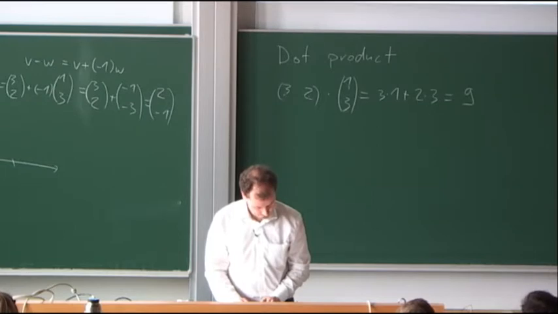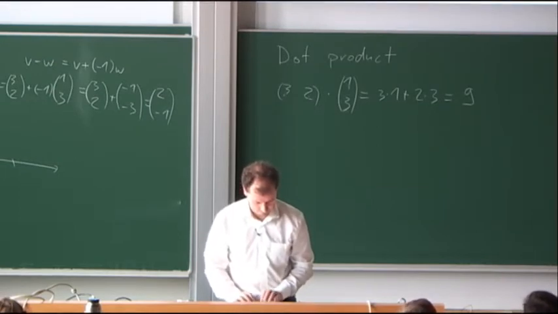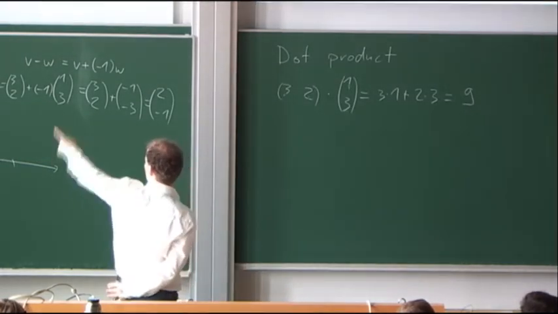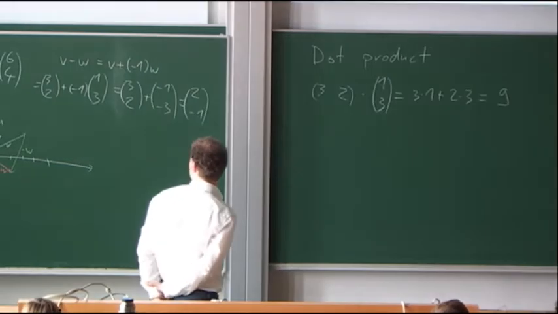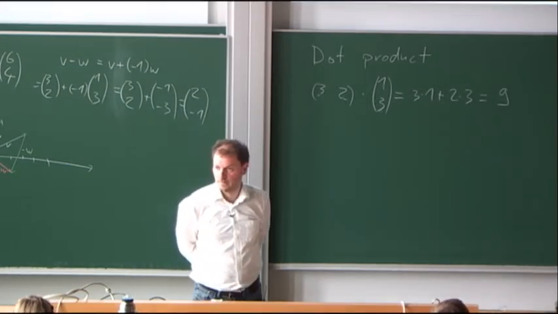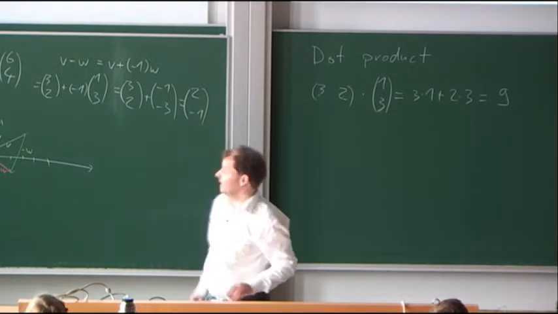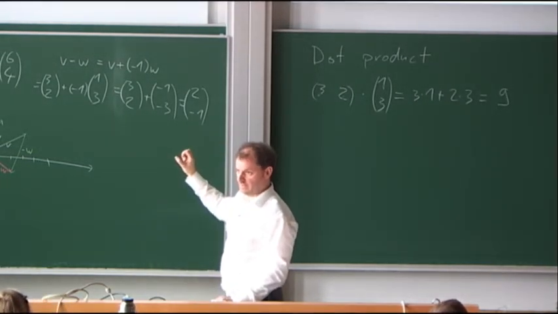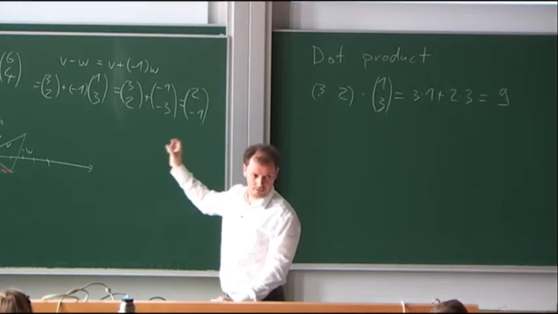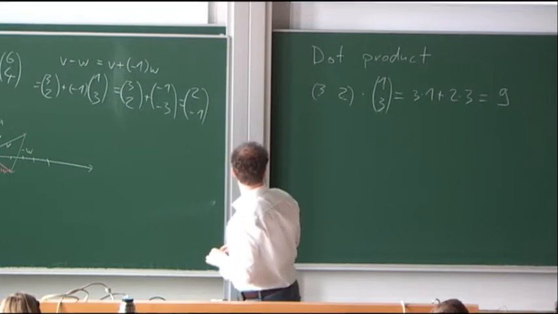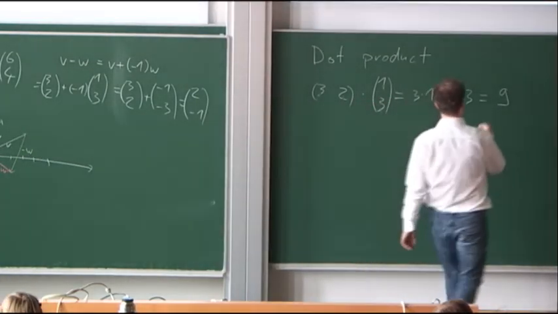Okay, so I can say dot of v transpose and w, which is 9. If you pay attention, you will see that in NumPy it's not the number 9, but it's a one-element vector with the single element 9. So actually, in NumPy will do this.